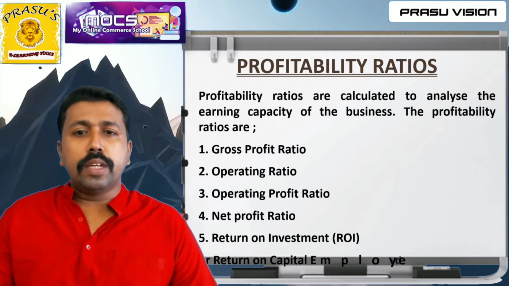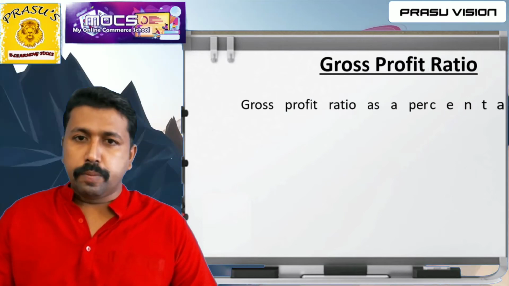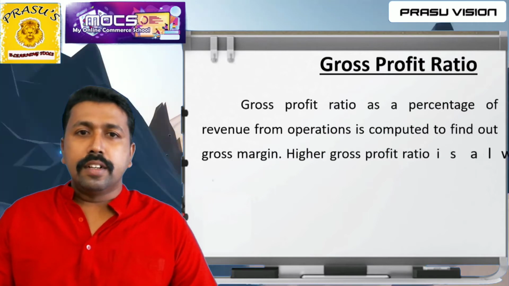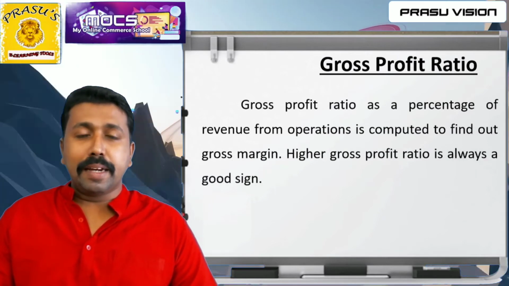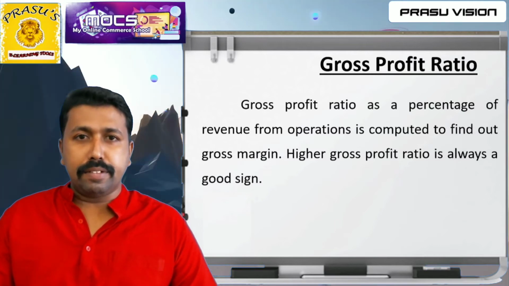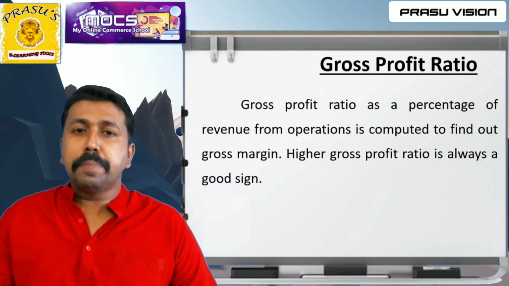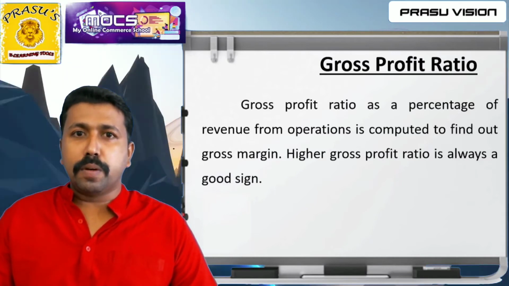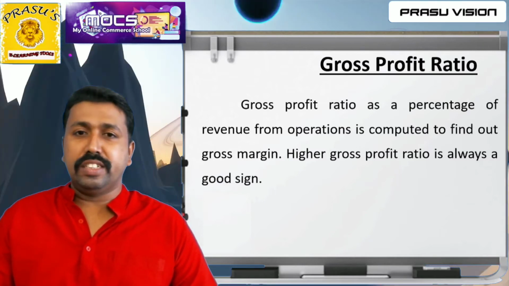First of all, moving to the first ratio, that is gross profit ratio. You know the concept of calculating gross profit. The amount of profit is calculated by comparing the income and the direct expenses. So gross profit ratio is calculated to find out the percentage of how much they are getting as gross profit when they are getting some total of revenue from operation.